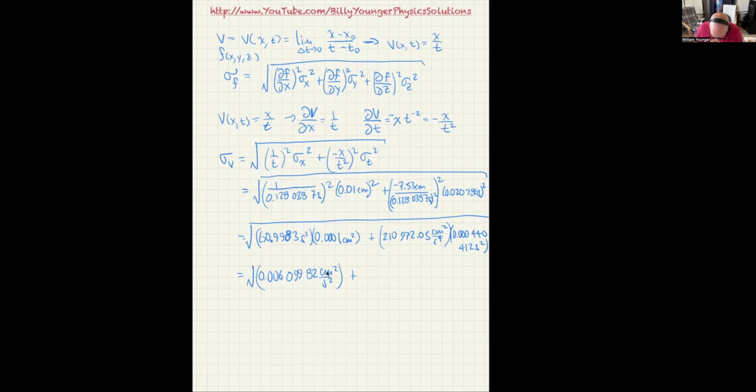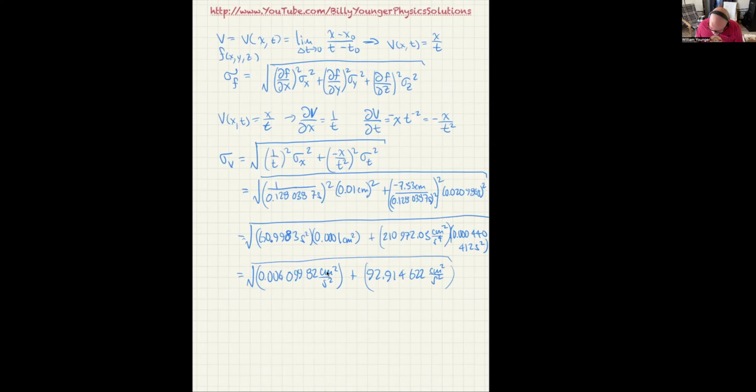That should be enough for that, and that gives me 92.91462, and that actually turns out to be centimeters squared per second squared as well, because the squared seconds in the numerator cancels out with the seconds to the fourth in the denominator. So now I got to take the square root of all this stuff. I'm really surprised at how big that number became. I'm kind of worrying that I should maybe test it to make sure. But either way, let's continue on.